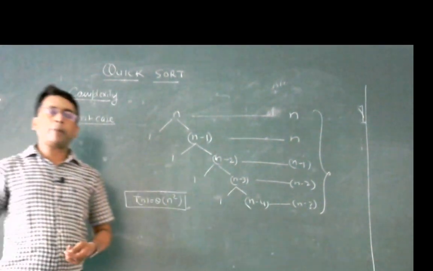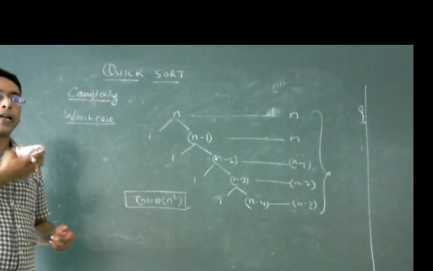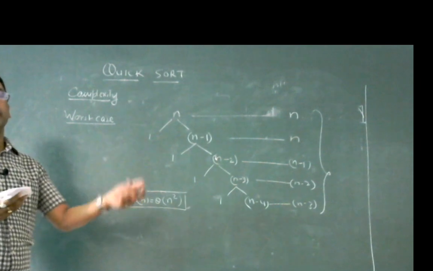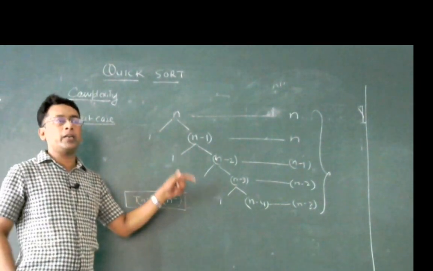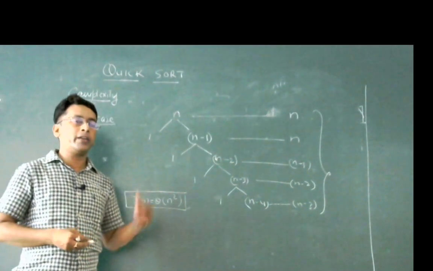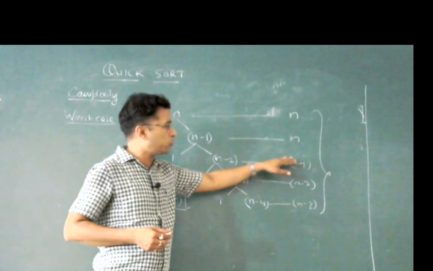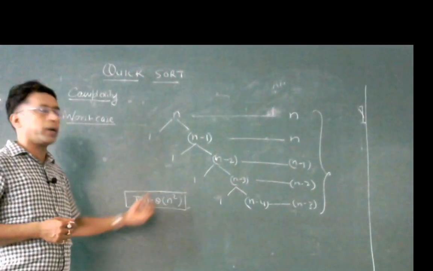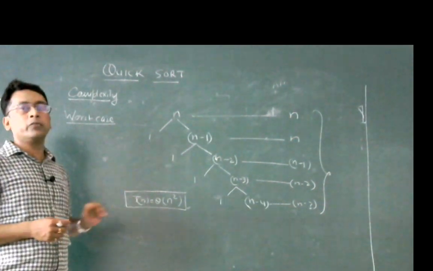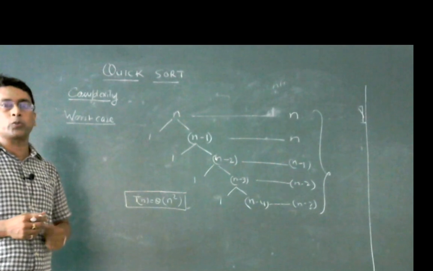So if we take a pivot element such that on the left hand side there are n minus 1 elements and on the right hand side there are 0 elements, and we keep partitioning similarly, as in the case of an already sorted array, then the complexity would be n plus n minus 1, n minus 2, and so on up to 1, which sums to the order of n square. So in the worst case, the complexity of the quicksort algorithm is theta n square.